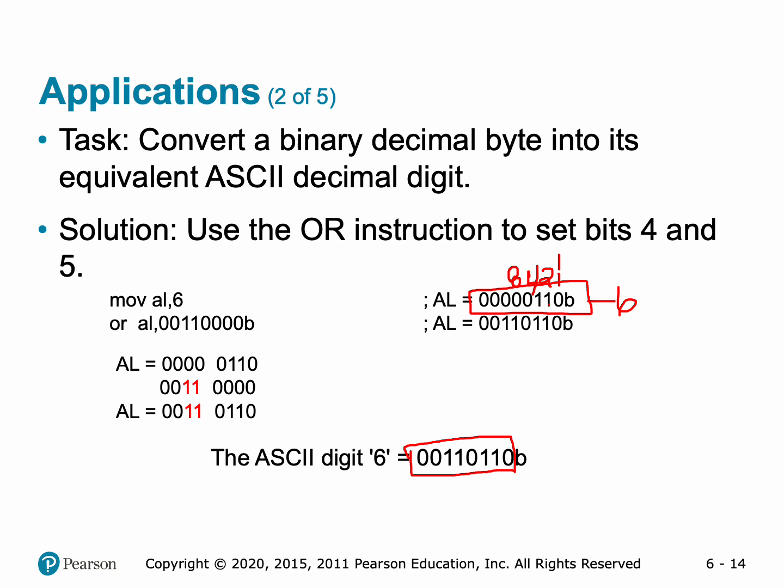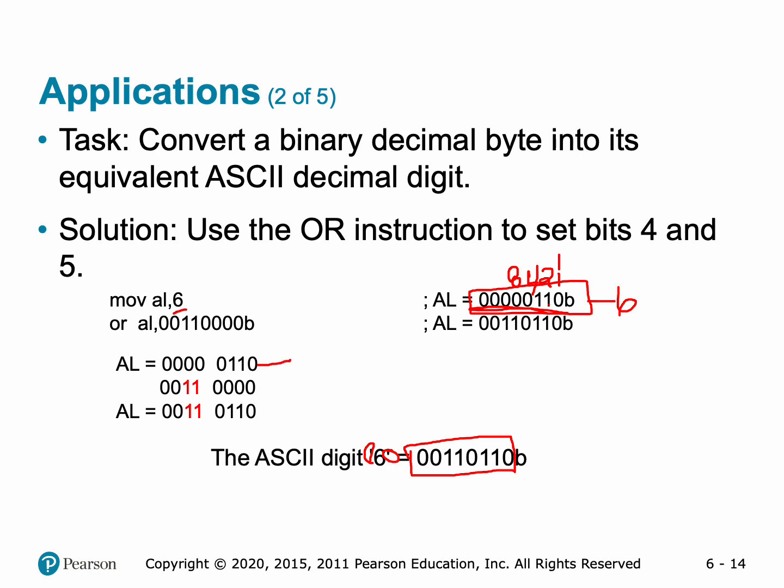So the decimal value is a different value than the character 6. That's why you see these single quotes here, because we're talking about the character, not the decimal. Okay, so if you have the decimal value 6, and this is the binary number here on the right, I've rewritten it here.